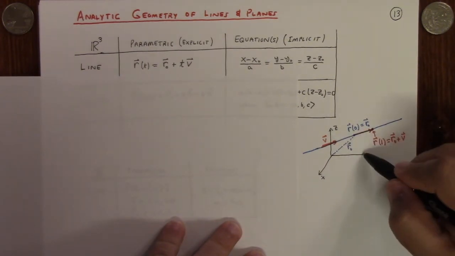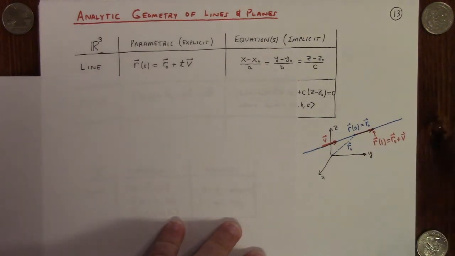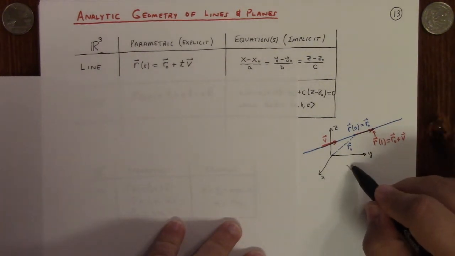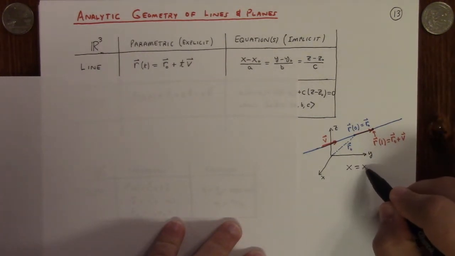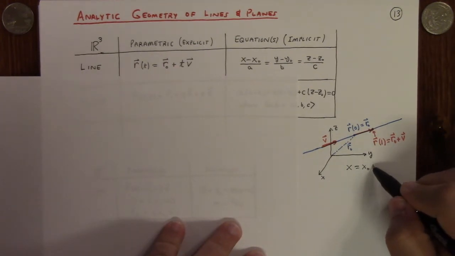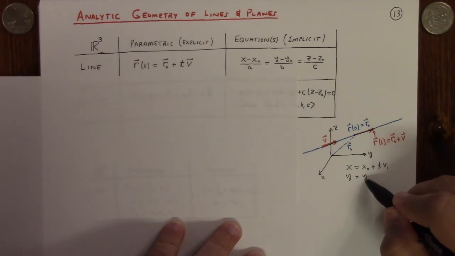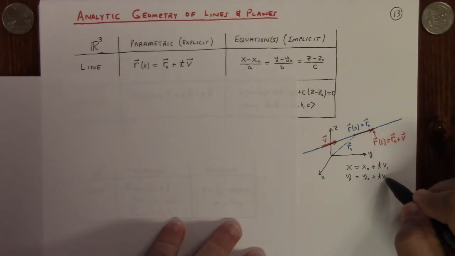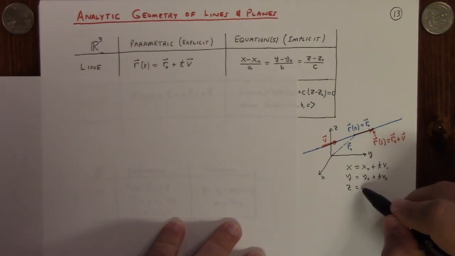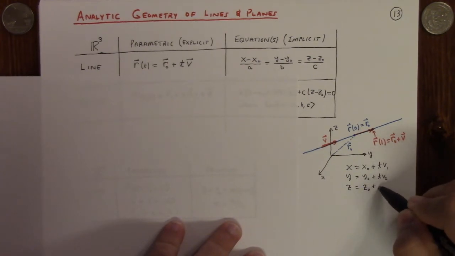You could also talk about the scalar parameterization of the line, and that would look something like this: x equals x naught plus tv1, y equals y naught plus tv2, z equals z naught plus tv3.